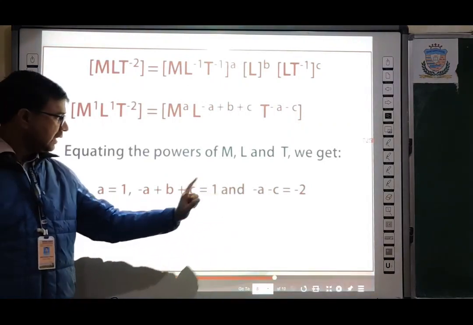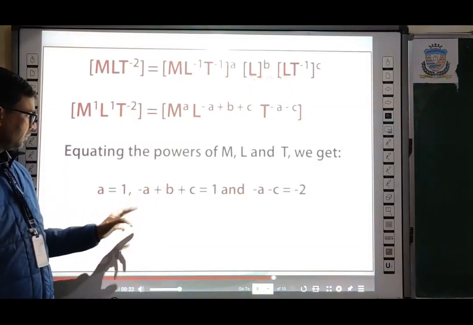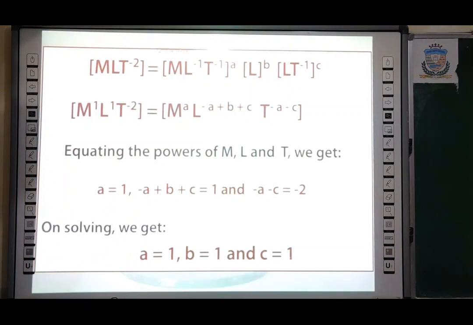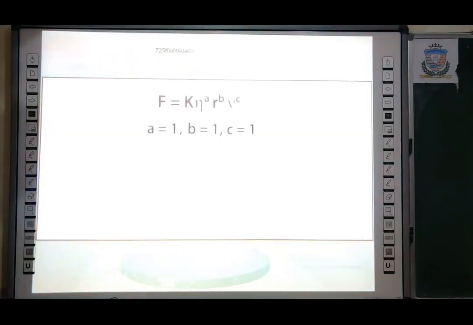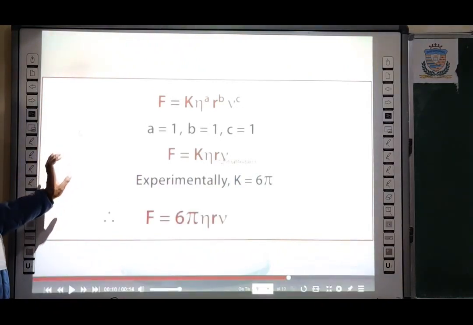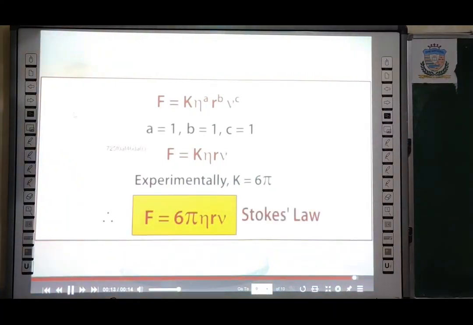On solving, we get a is equal to 1, b is equal to 1 and c is equal to 1. This gives F is equal to k eta r v. K is experimentally found to be 6 pi. Therefore, F is equal to 6 pi eta r v. This is Stokes' law.